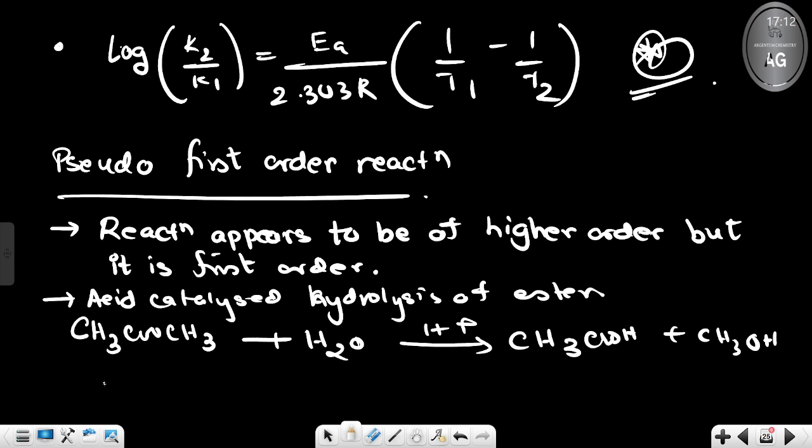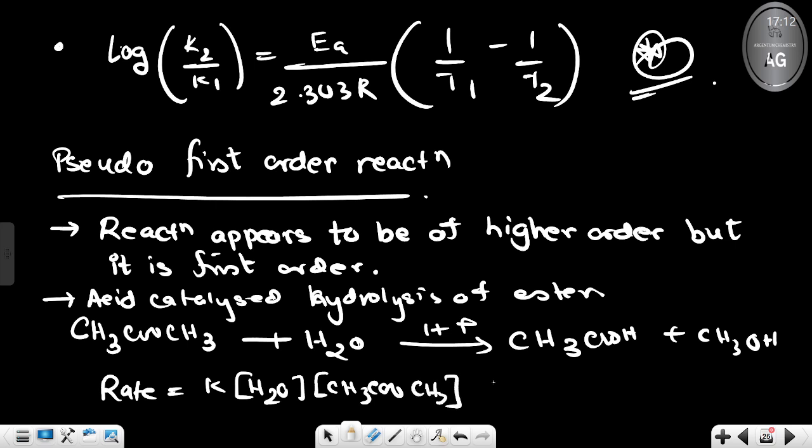So you can see here if I write rate equals K into water into CH3COOCH3, here it should be 2, but here we will see that water's concentration is 1.